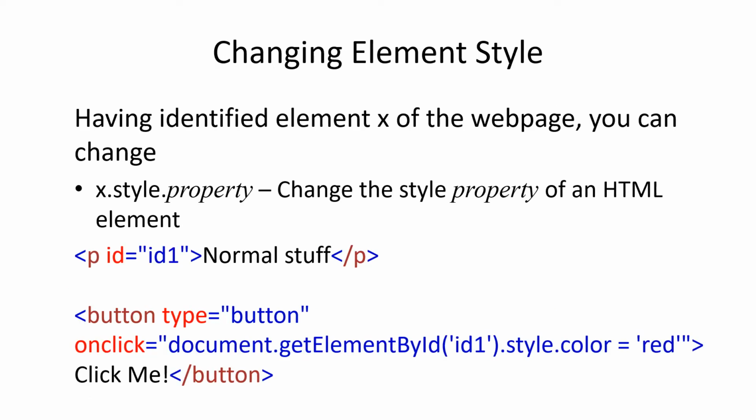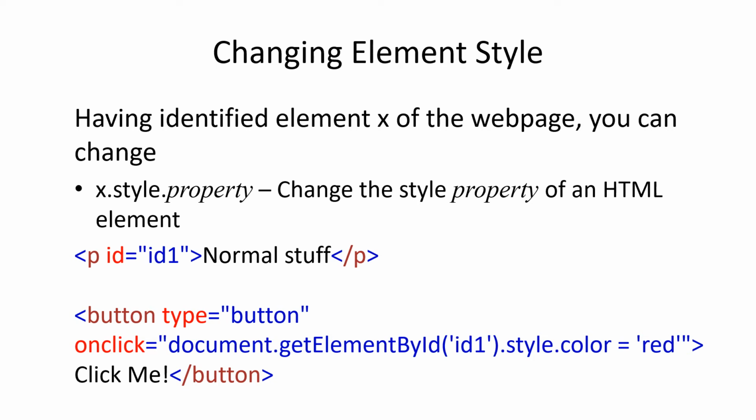A JavaScript program can change all the aspects of how an item in the page is displayed. For a given element, you can set style dot whatever style property you might want to change, color, font. In the example here, we have a paragraph which has the ID 1, and we print the normal stuff. And then later, we have a button that'll appear on the screen, and it gets a type button.